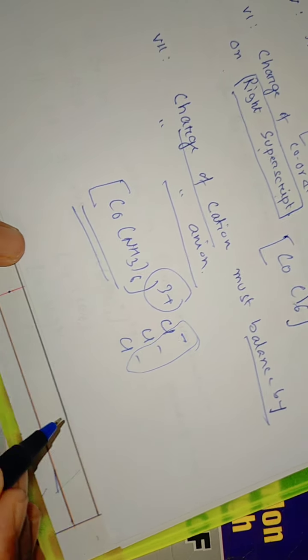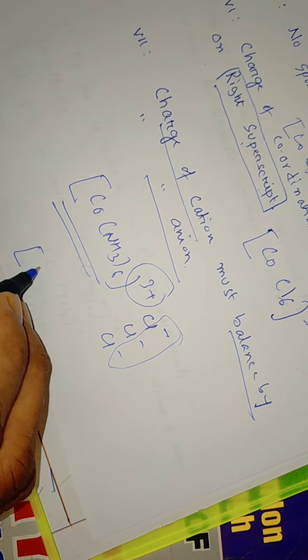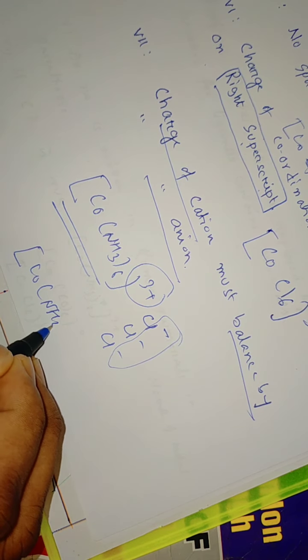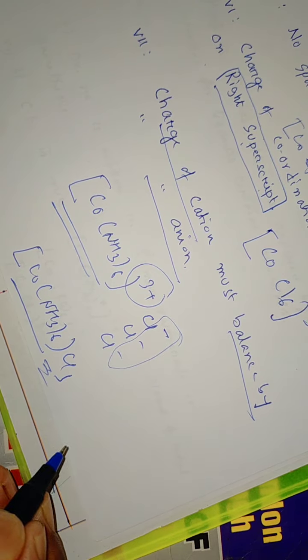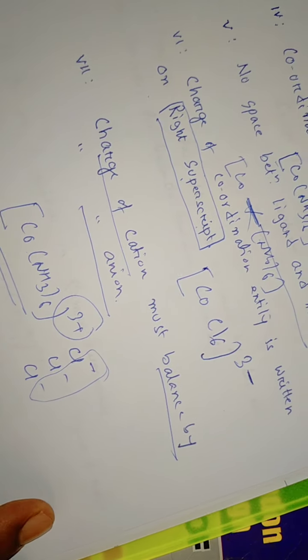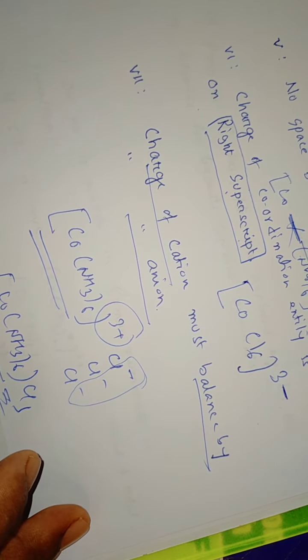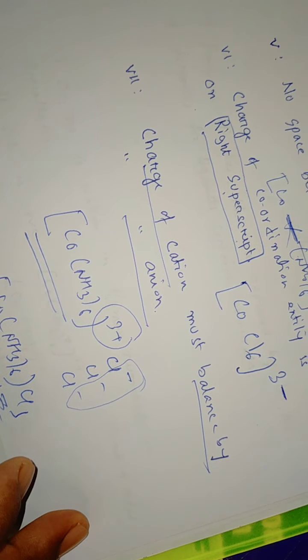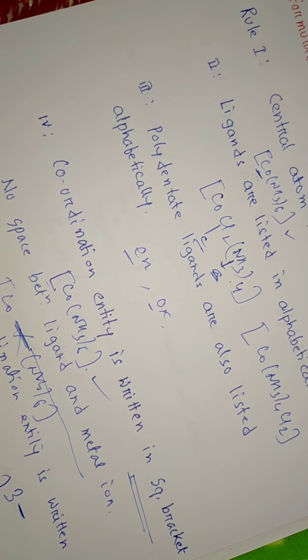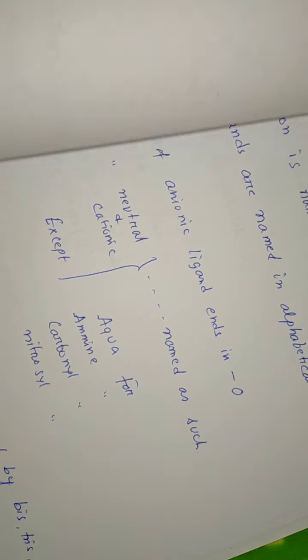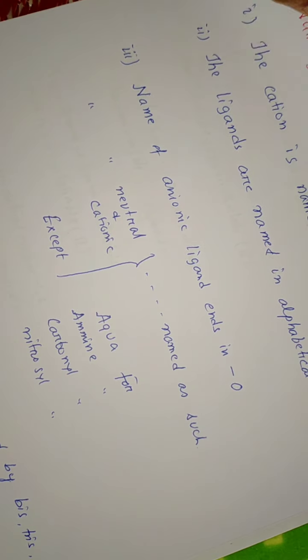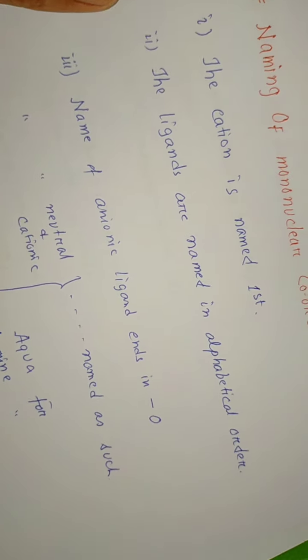Actually these complexes are written like that only. This tri-positive is balanced by tri-negative. So this is what we have learned, if you have given the name, how to write the formula. Now, these points you have to note down, and you have to memorize those rules, or you have to use them several times, and automatically they will stick to your brain.